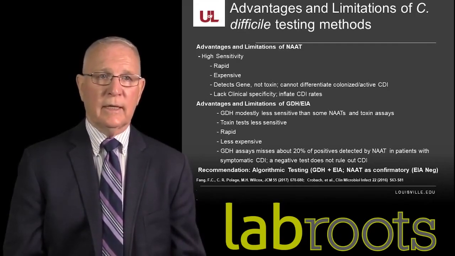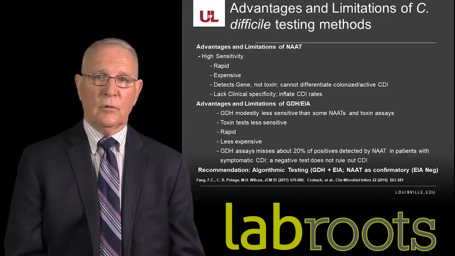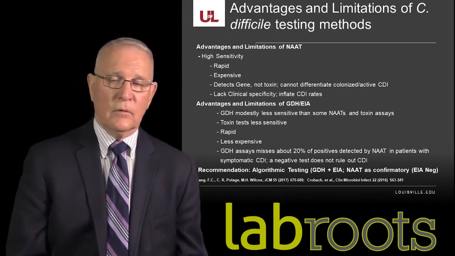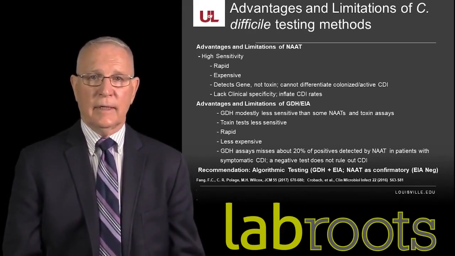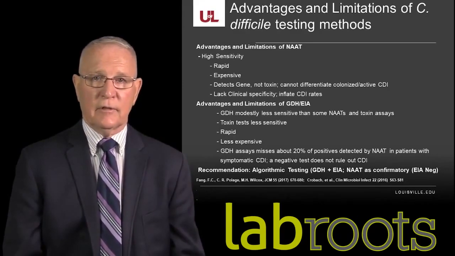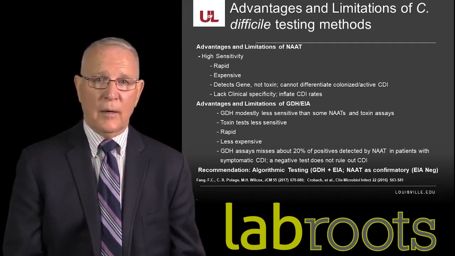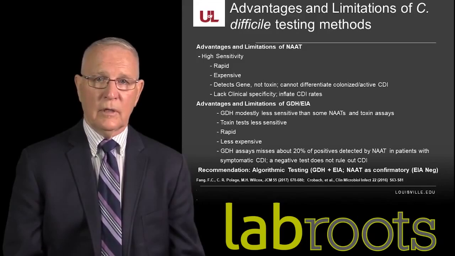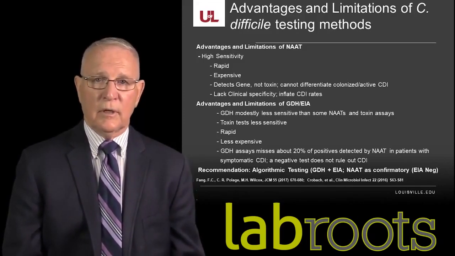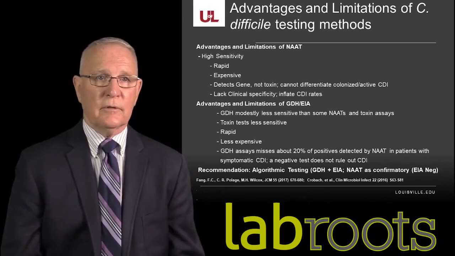It's been estimated that GDH will probably miss 20% of cases because of the low level of inoculum or low quantity of organisms in the specimen. This has been found to be somewhat common in patients designated as carriers. They have such a low organism load that the GDH may miss those because of the lower sensitivity associated with it.